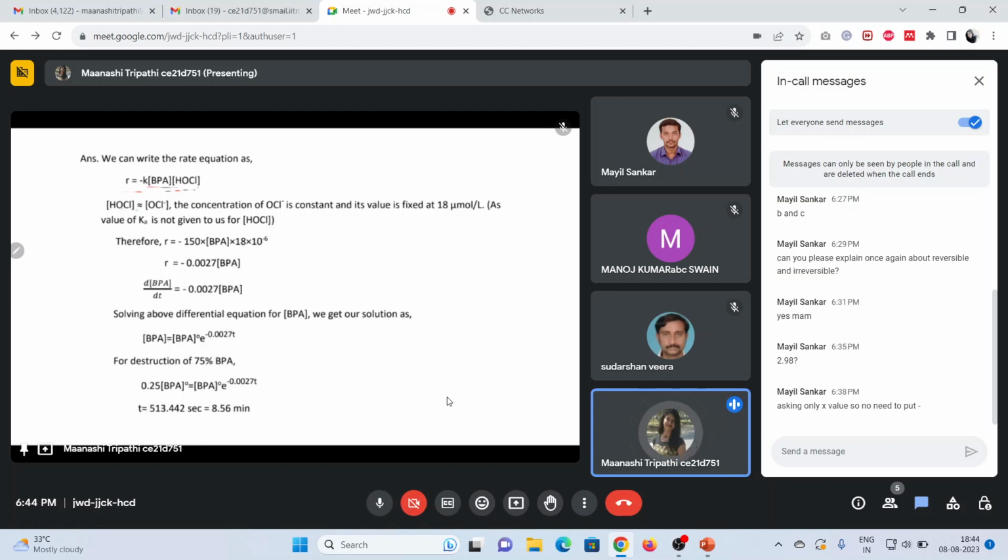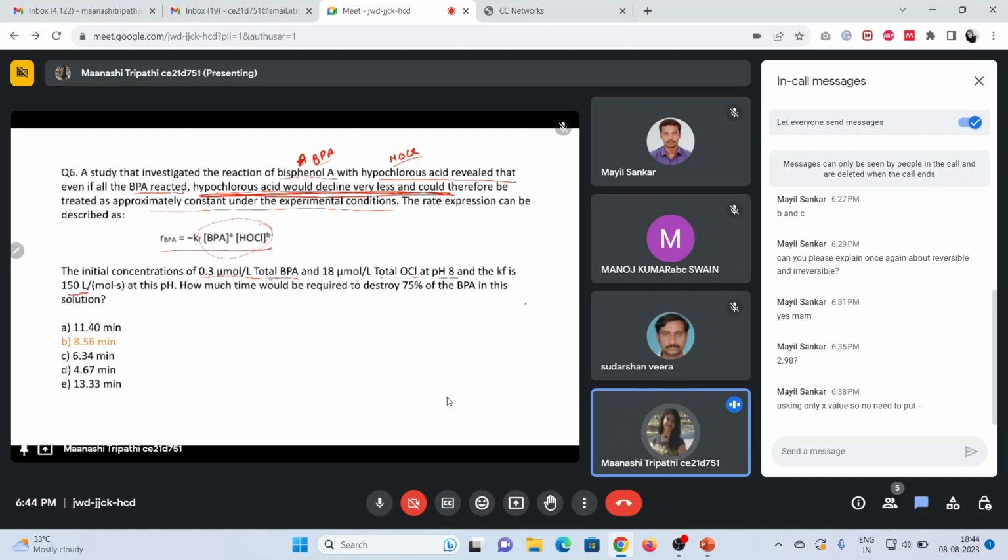Now HOCl is equal to OCl negative, because they are saying this hypochlorous acid, that is HOCl, has not changed, meaning the decline is very little, and we have got OCl of 18 micromole. This is the reaction: H plus OCl negative.